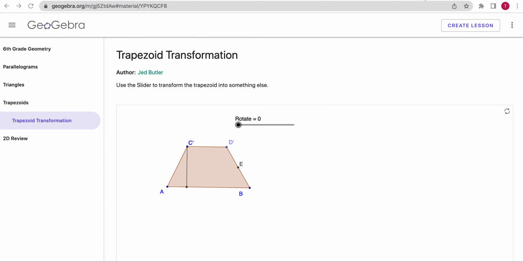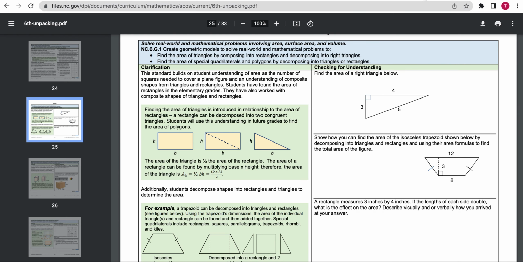Some standards that can go with this, and I'm looking at 6th grade right now. We have the NC 6.G.1, which is solving real world and mathematical problems involving area, surface area, and volume, where we are creating geometric models to find the area of triangles by composing into rectangles and decomposing into right triangles, or finding the area of special quadrilaterals and polygons by decomposing into triangles or rectangles.